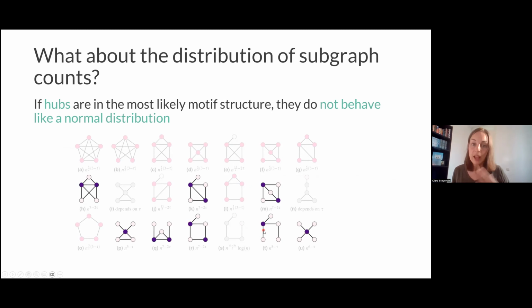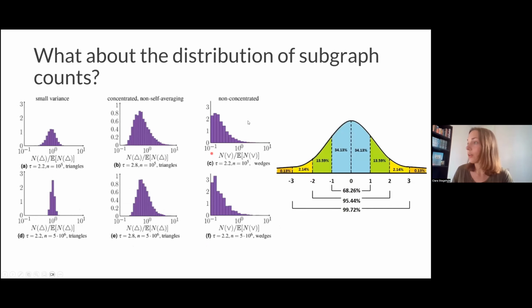If we look at where in the network I am likely to find this, and the answer is that this is a subgraph that I very often find on hubs, then the distribution will look like this and will not be very concentrated.